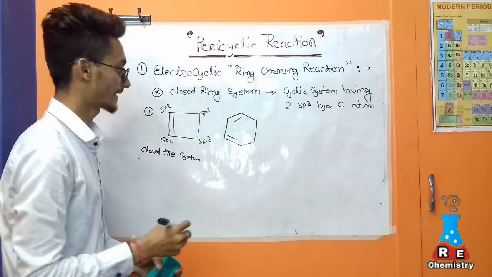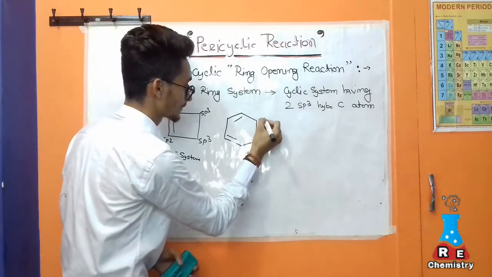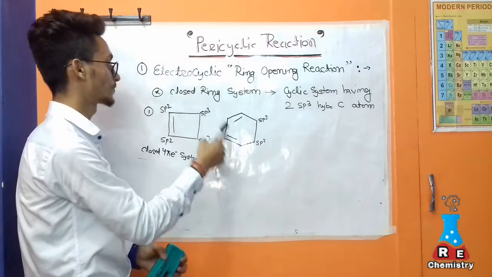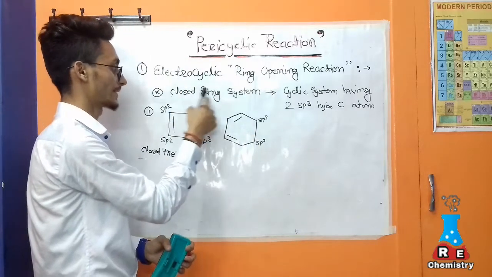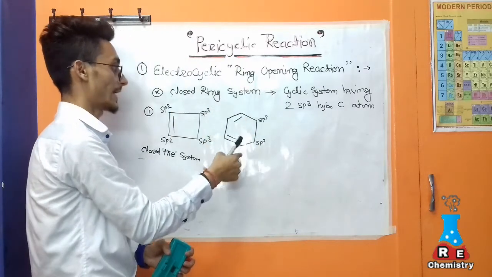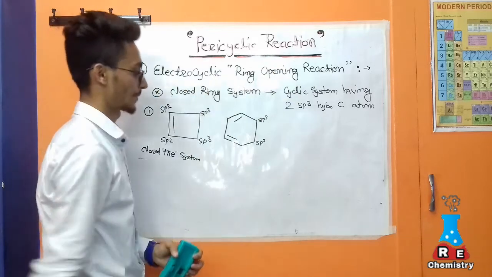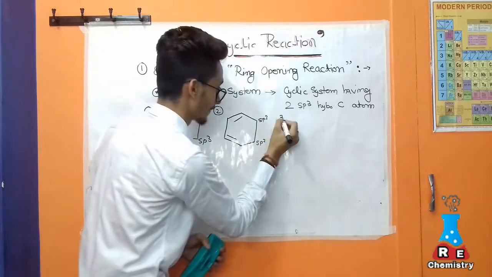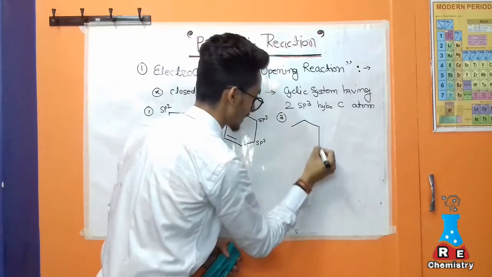The next example is cyclohexadiene. Cyclohexadiene has two sp3 hybridized carbon atoms, so this is also an example of a closed ring system, and it undergoes electrocyclic ring opening reactions. That was the second example. The third example is cyclohexene.